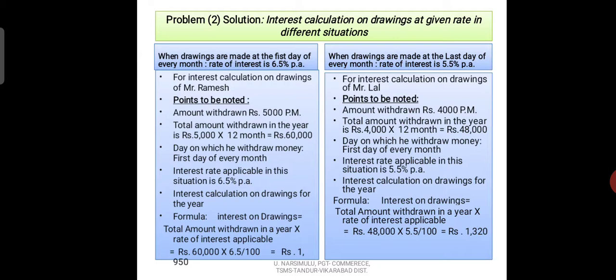So one more partner is here, that is Mr. Hamid. He also withdraws some money from the business for his personal use, but in the middle of the month. So in that situation we apply an interest rate of 6% per annum.